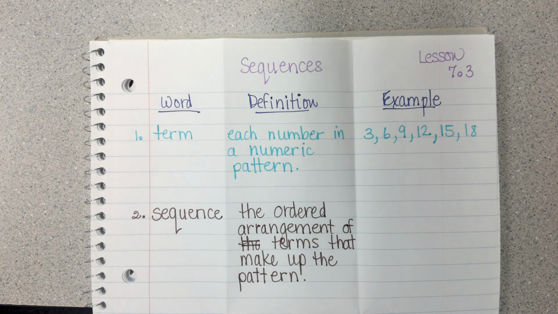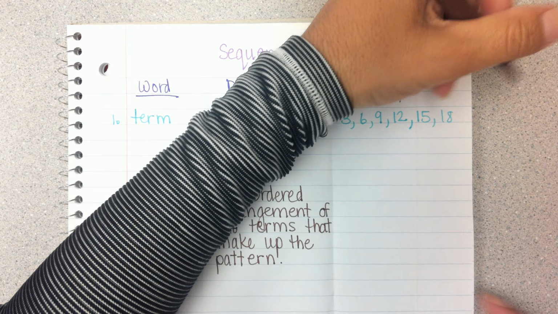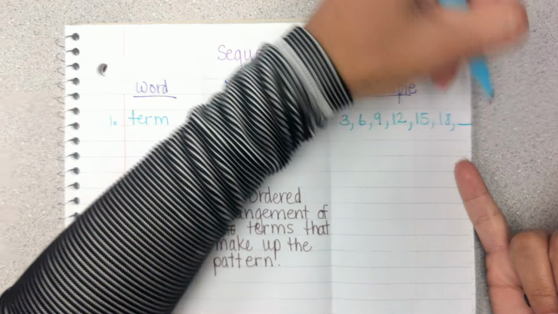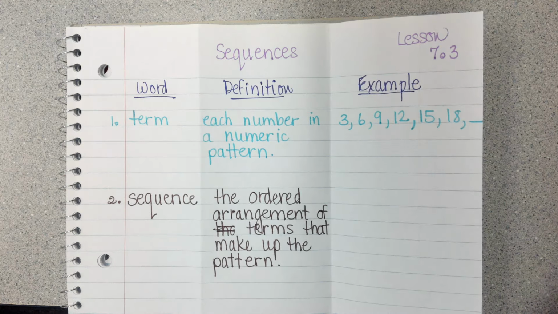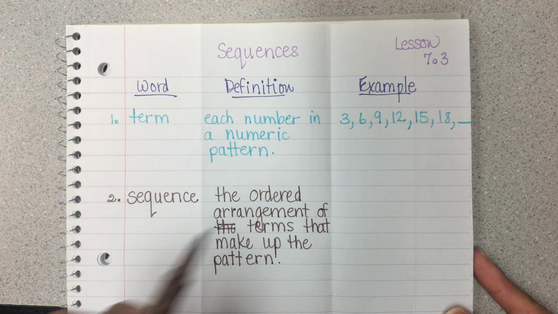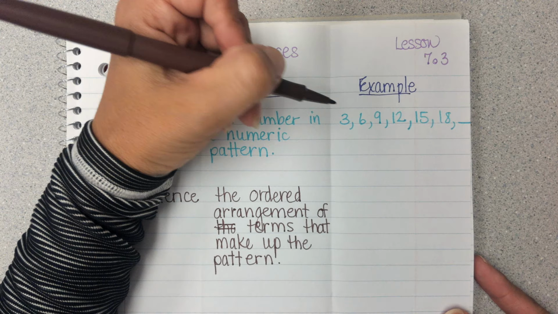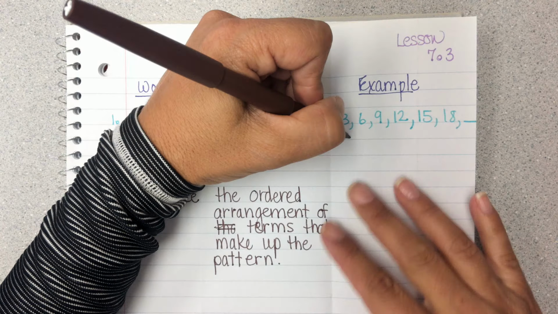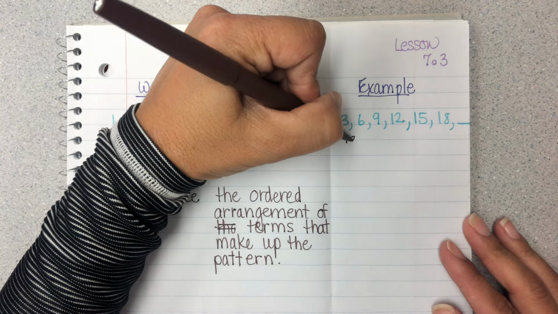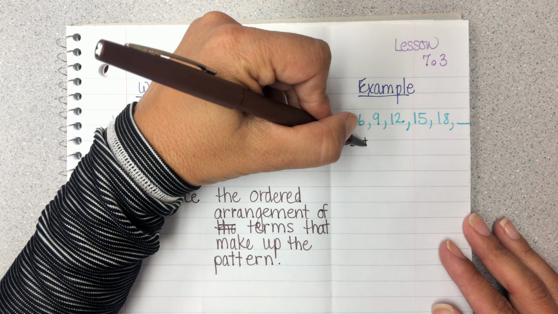Okay, and sometimes you will be asked, what is the next number in the sequence? So from yesterday's notes and from yesterday's lesson, you'll know the word pattern. And if you stop and think here, you know that your numbers are getting greater, so it's plus, and from 3 to 6 you added 3. 6 plus 3 is 9.